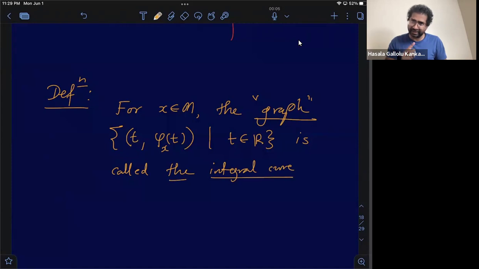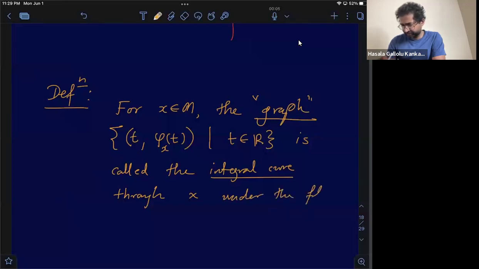Of course, it is unique. If you are curious about checking that uniqueness, that is one of the things that we already did, so we can just go ahead and check. Integral curve through x under the flow of g_t.